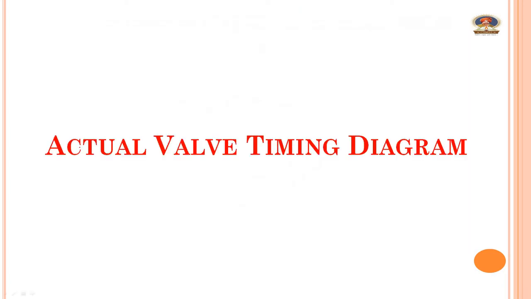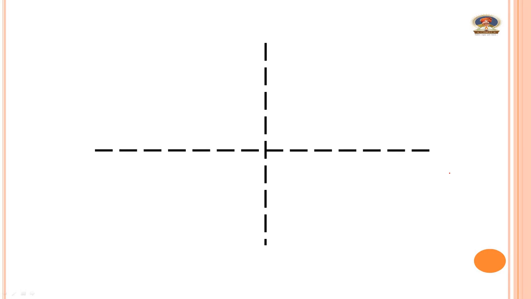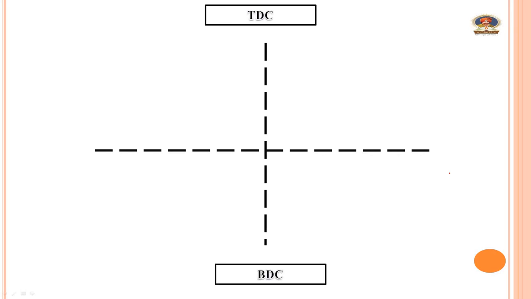Now we'll see the actual valve timing diagram. In the actual valve timing diagram, there is a difference in the opening and closing of valves. Now we'll see the inlet valve opening.